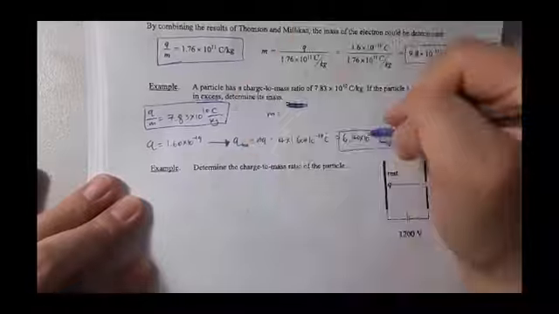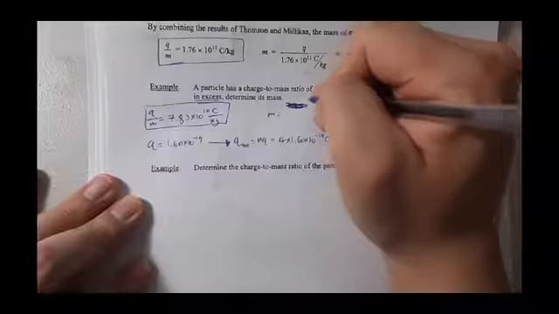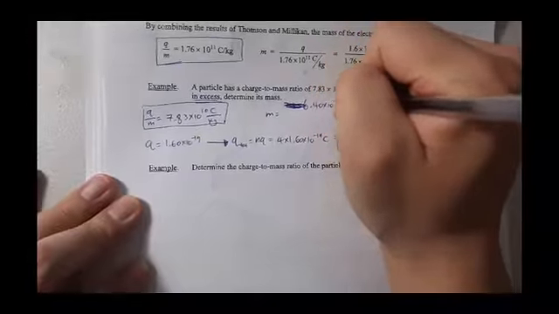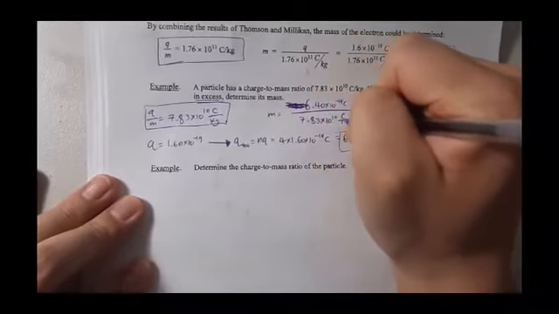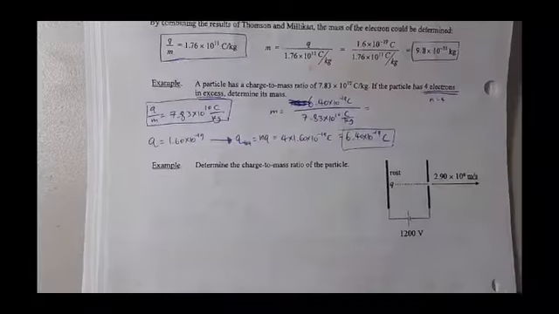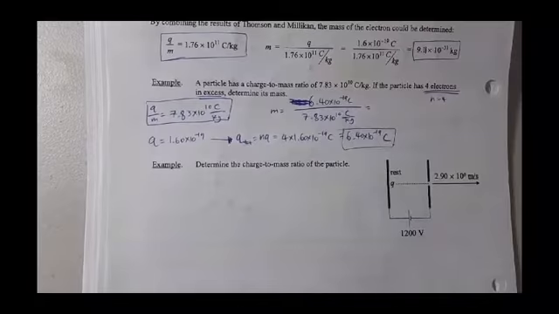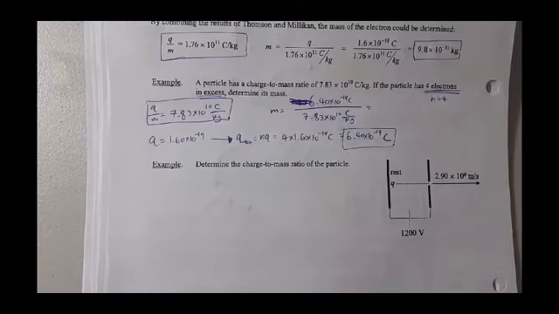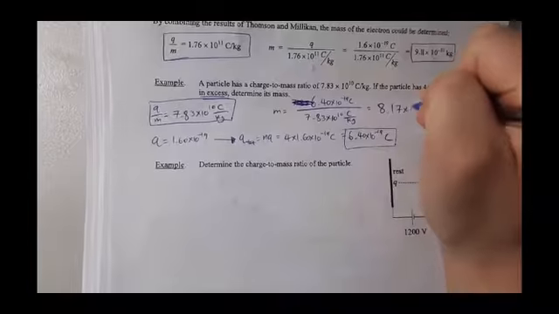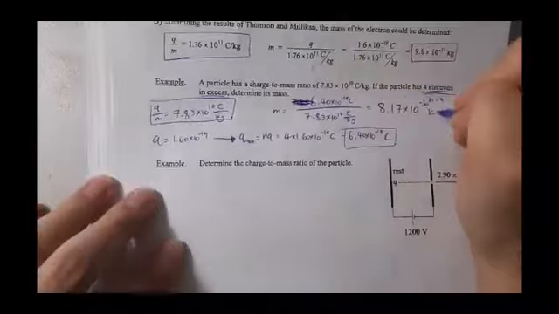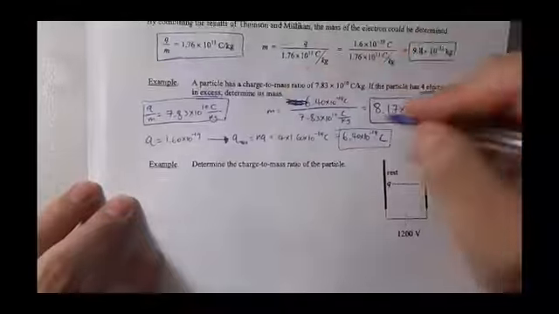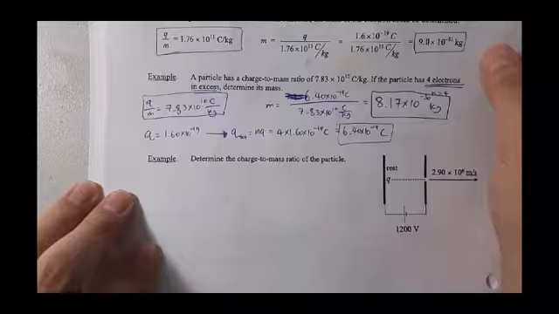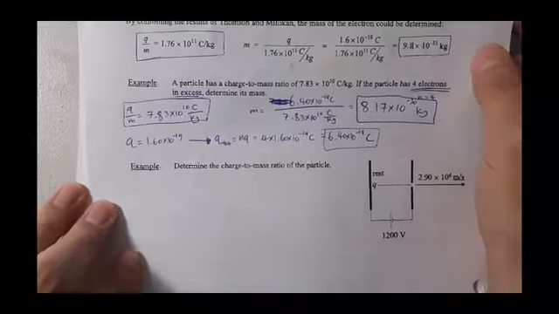You're putting q's value on it, so it's actually q divided by that value: 6.40 times 10 to the power of negative 19 C over 7.83 times 10 to the power of 10 C per kilogram. And you have 8.17 times 10 to the power of negative 30 kilogram for this charged particle. That's one easy way of doing this charge to mass ratio question.